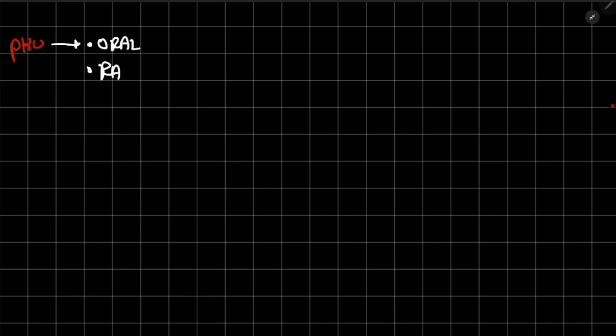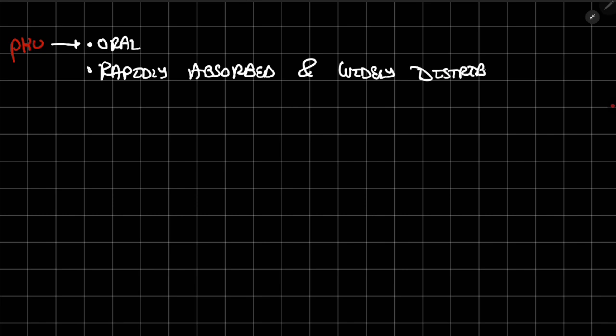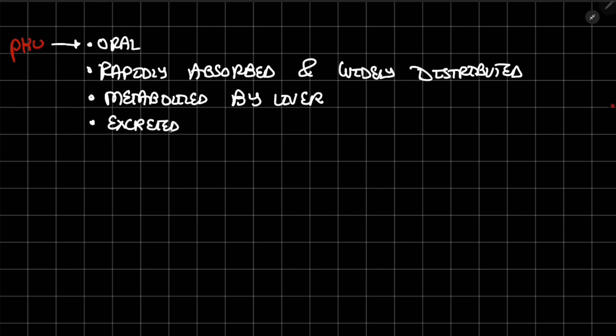It is rapidly absorbed from the GIT, absorbed and widely distributed. Okay, it is also metabolized by liver, and excreted in urine.